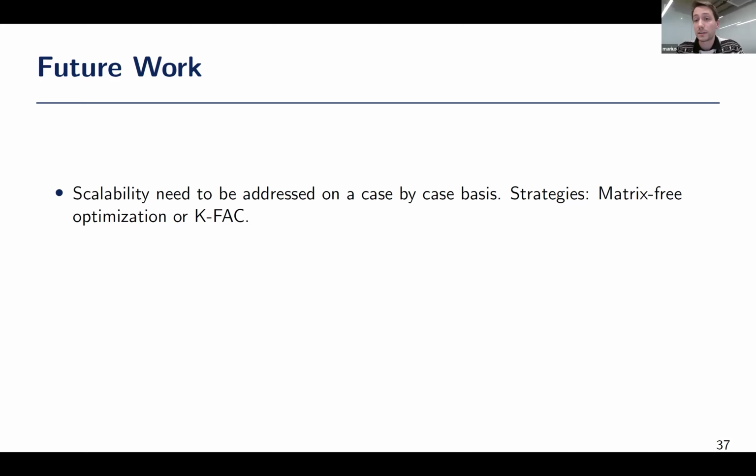The strategies that I'm aware of so far are matrix-free approaches or KFAC, Kronecker-factored approximate curvature, which approximates these matrices by Kronecker factors of smaller matrices. But both you need to do on a case-by-case basis: you choose an optimizer, and you look at the properties of this specific discretization before you can get into this.